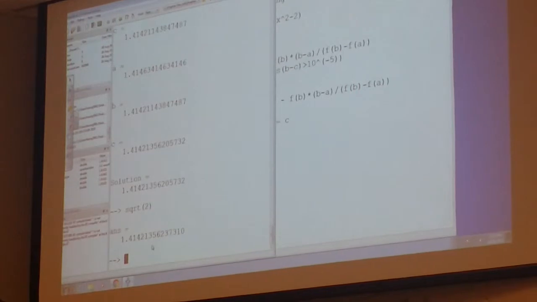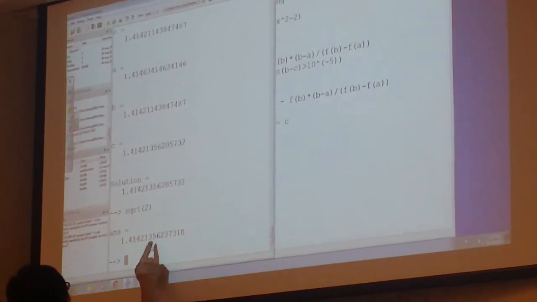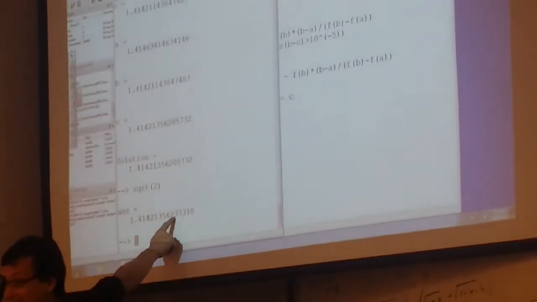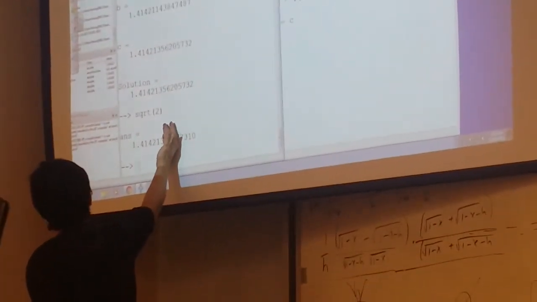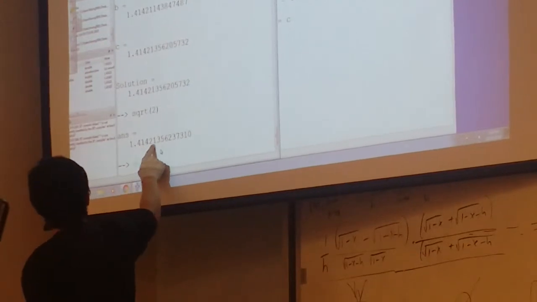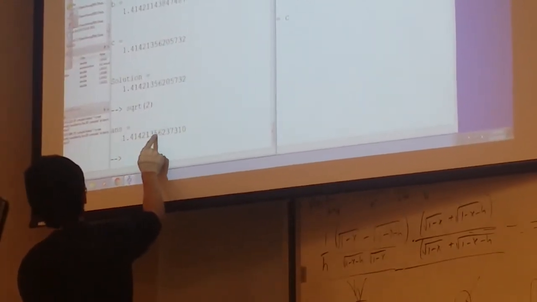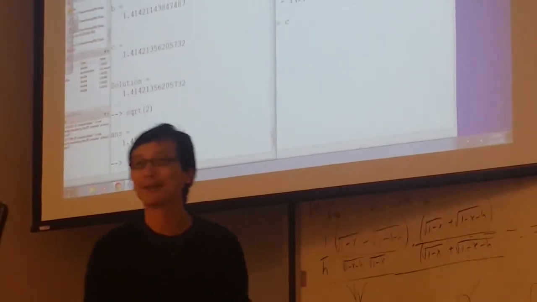Here is the exact answer for square root of 2, and using secant method of finding this root, it gives you up to here correctly, yes? My secant method was just expected to stop at 5 decimal places correctly, however, compared to the actual result, it gives you 1, 2, 3, 4, 5, 6, 7, 8, 9 decimal places correctly. Comparatively, yes?